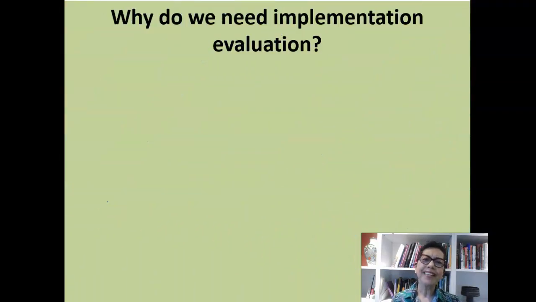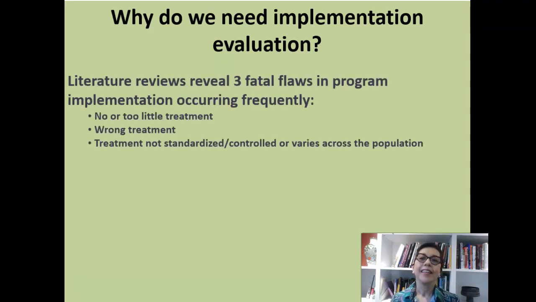Now I want to spend an extra minute on implementation evaluation. It has arrived on the scene later than the other types of evaluation, but for very good reason. Why? Literature reviews have shown that there are 3 fatal flaws that sadly occur commonly.